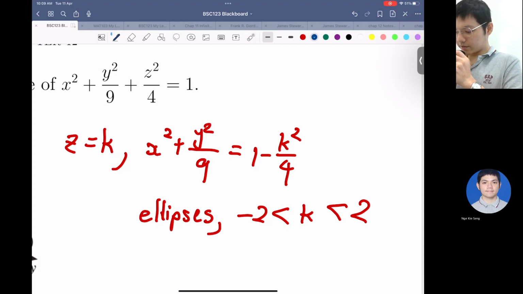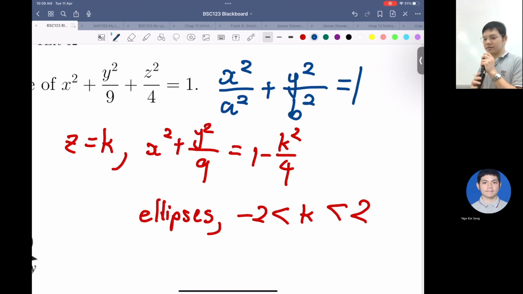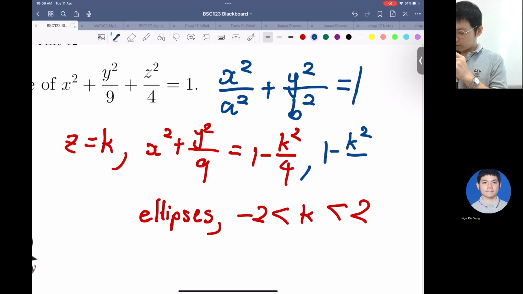It's x squared over a squared plus y squared over b squared equal to 1. Good. So we make this one equal to 1.